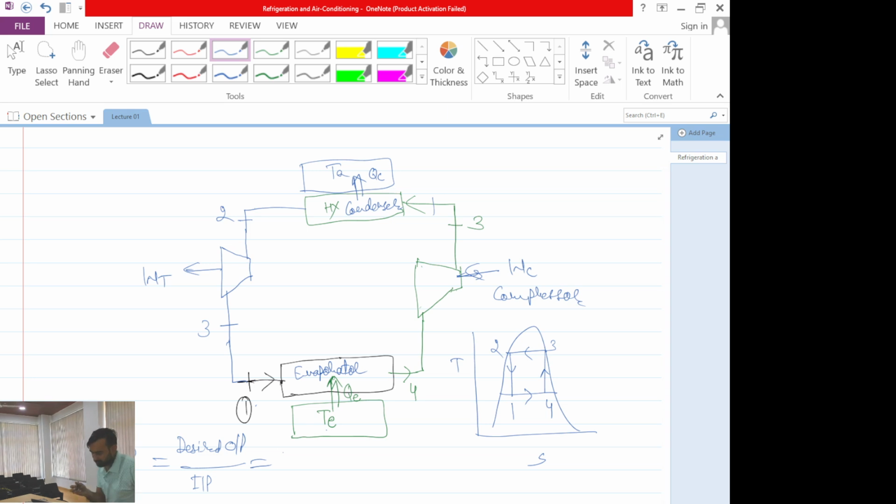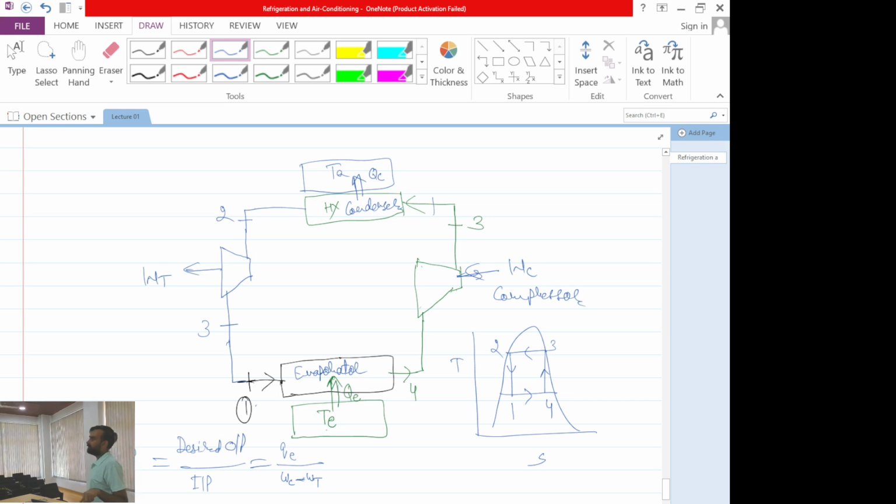So for producing the refrigerating effect, I have to transfer QE amount of heat in the evaporator. And to do this, what input is it taking? Work. So WC is the compressor work, the input work, minus WT, the turbine work. So this will be the COP.